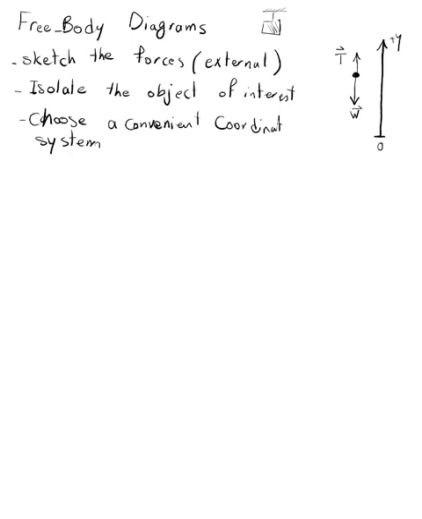And then resolve the forces into components. And this is very, very, very important. If you have only forces in one dimension, your life is easy. But if you have forces that have two dimensions or three dimensions, then the best is to resolve the forces into their components and then treat each direction separately.